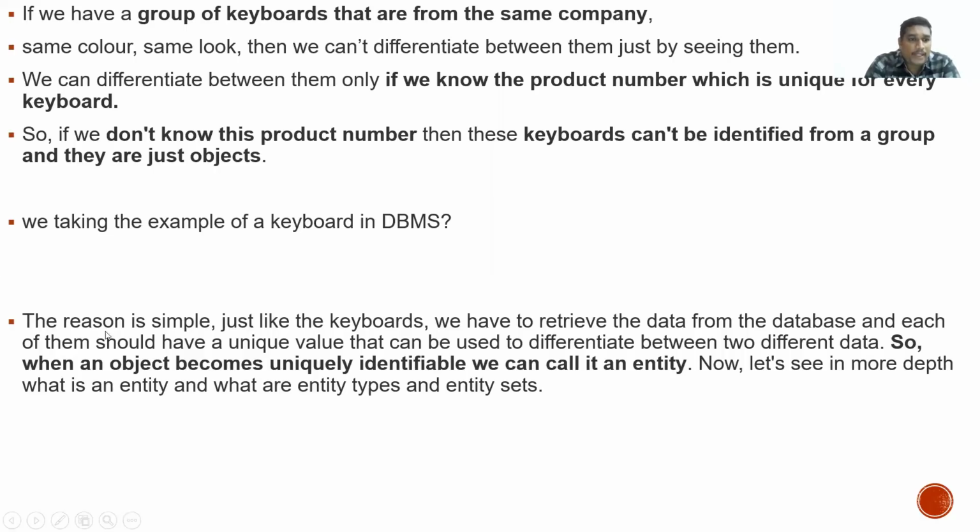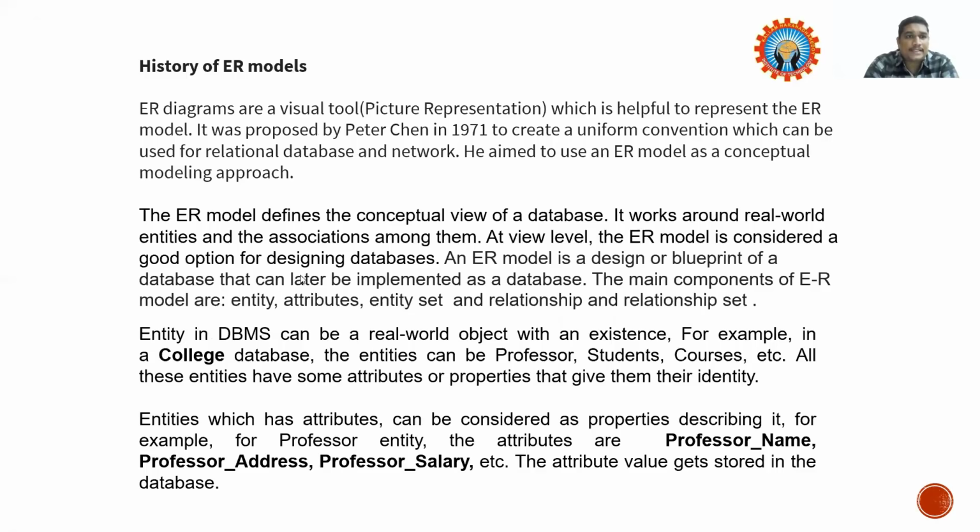Now the history of the ER model. An ER diagram is a visual tool, a picture representation which is helpful to represent the ER model. It was proposed by Peter Chen in 1971 to create a uniform convention which can be used for relational databases and networks.